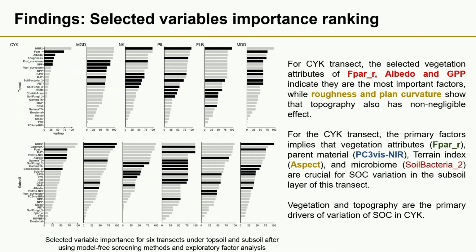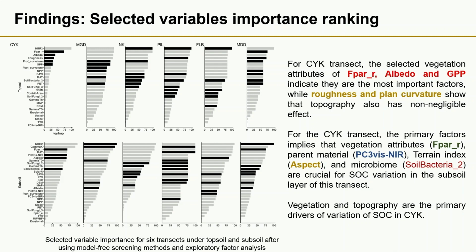This is the selected variables' importance ranking for 6 transects within topsoil and subsoil, after using the model-free feature screening methods and exploratory factor analysis for final SEM modeling.